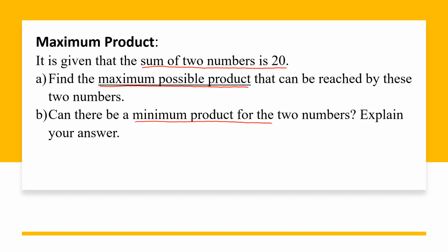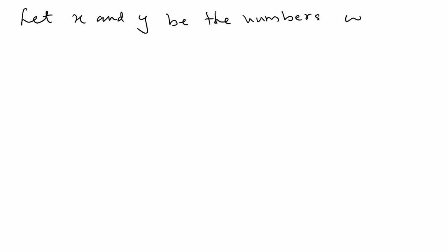Okay, so now let's see how we set up the problem. This is a very important step: let x and y be the numbers, with x positive and y positive.